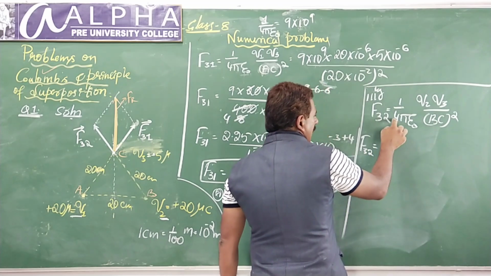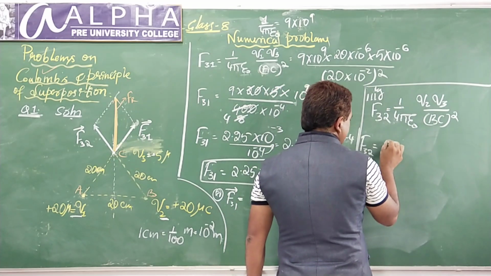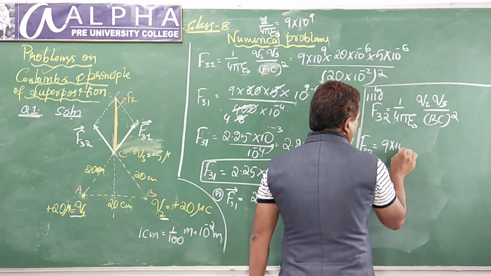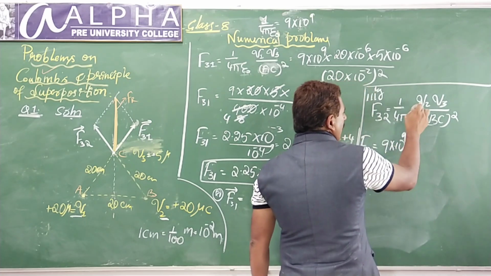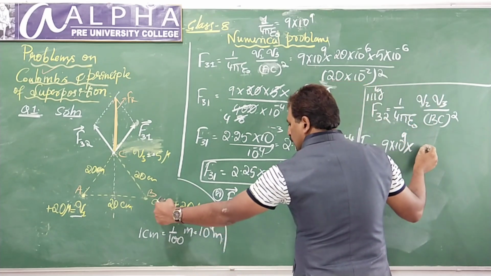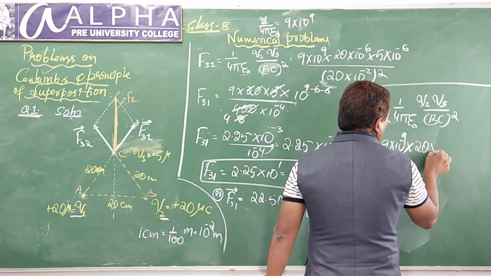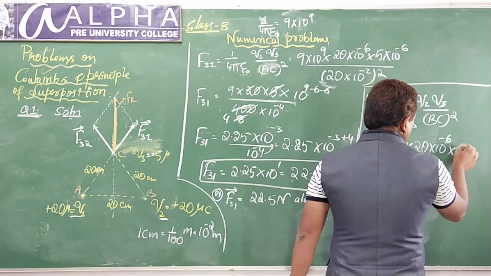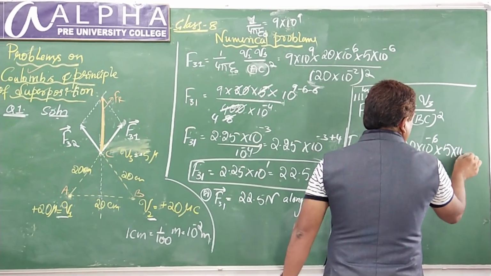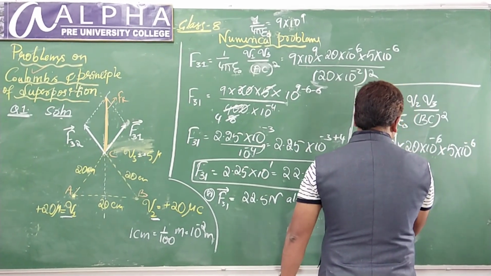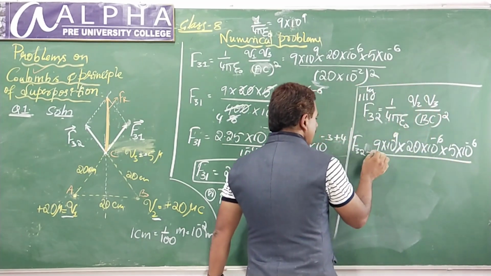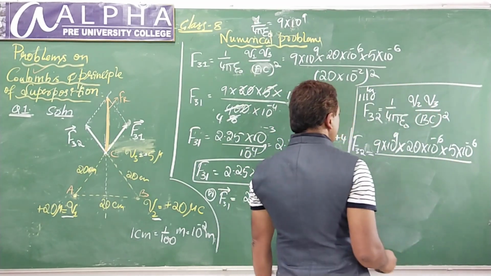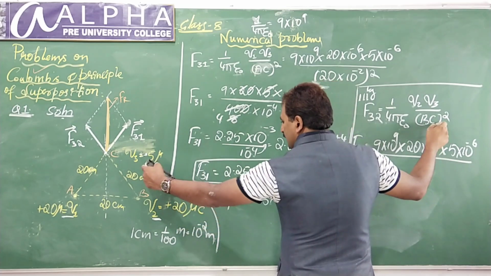F32, again the value of 1 by 4 pi epsilon 0, 9 into 10 to the power 9, into the value of Q2. Q2 is 20 micro, 10 to the power minus 6. What is Q3? That is also the same, 5 into 10 power minus 6, as in the previous problem. The last one, BC. What is BC?